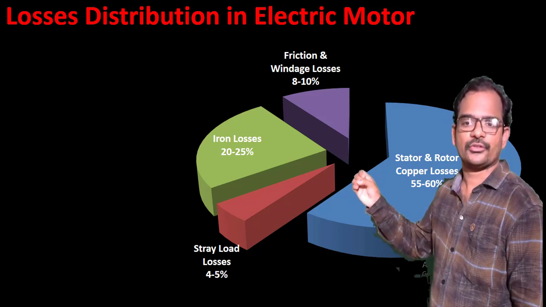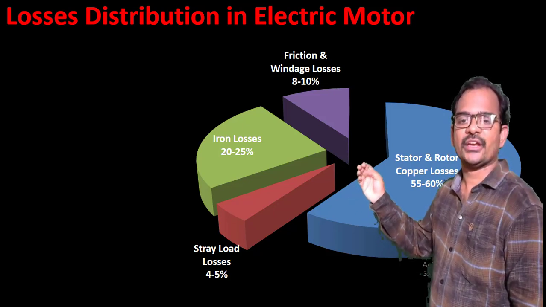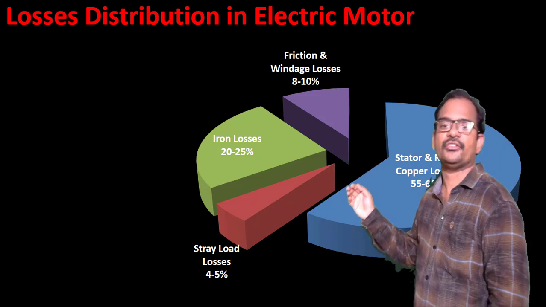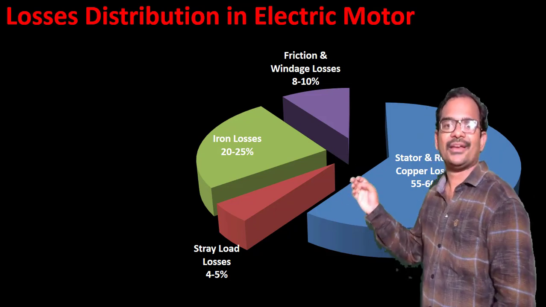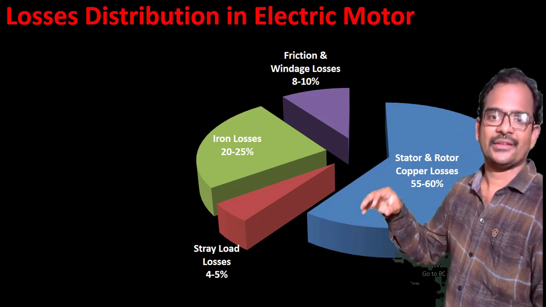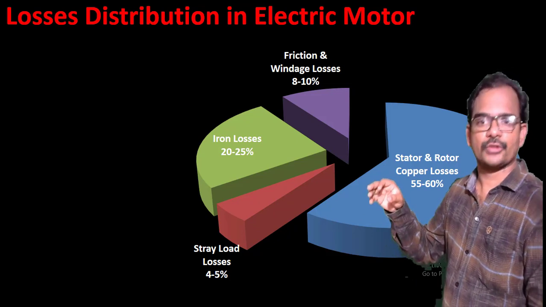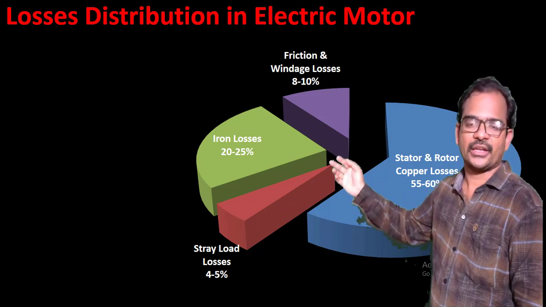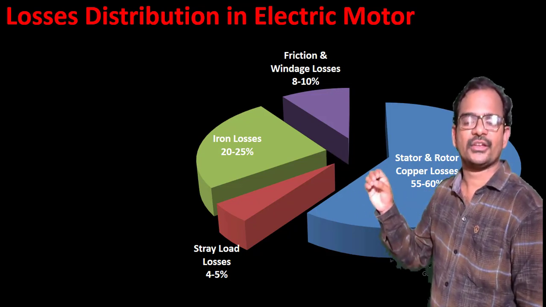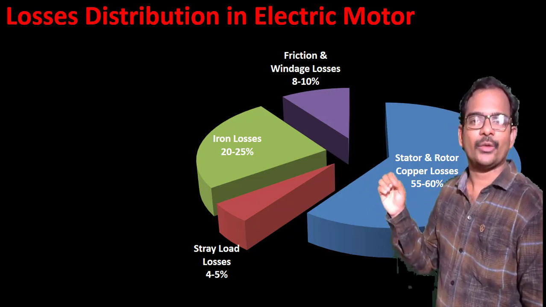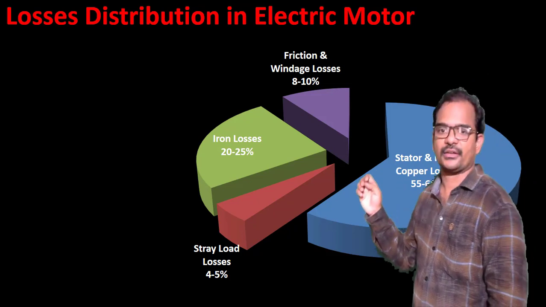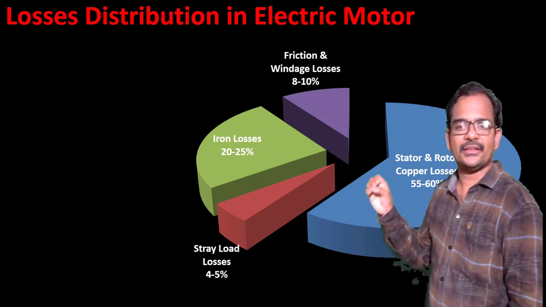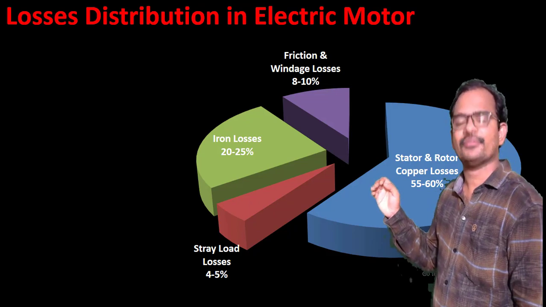So the variable losses are in the range of 59 to 65%, which is a major share of the losses. Whereas the fixed losses, that is the iron loss, will account for 20 to 25%, and the friction and windage losses will account for 8 to 10%, and thereby the total fixed losses in the motor will be in the range of 28 to 35%, whereas the variable losses will be in the range of 59 to 65%.